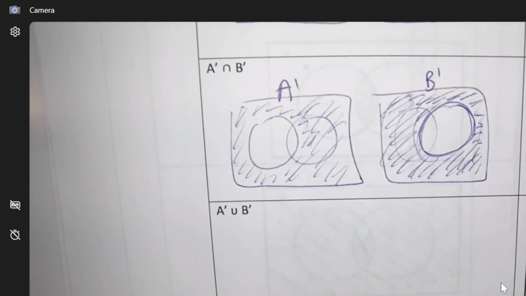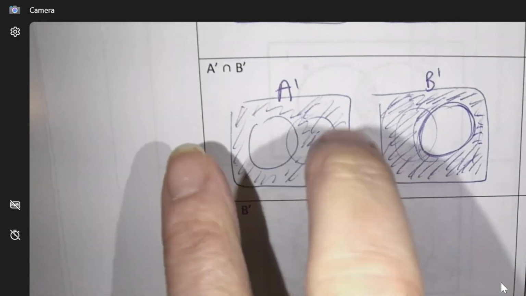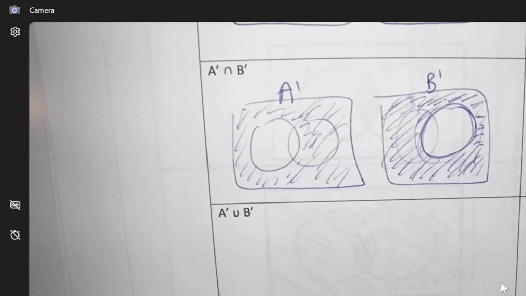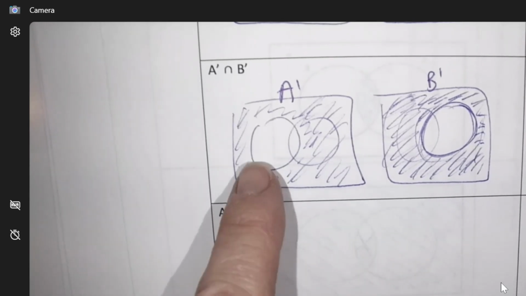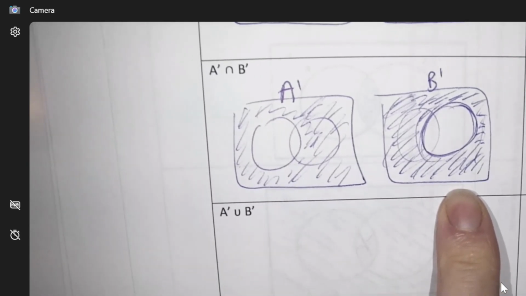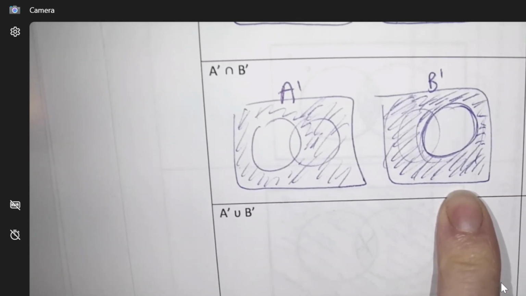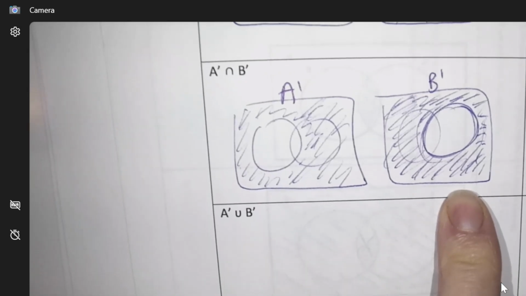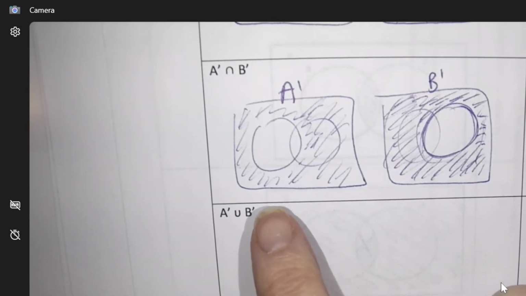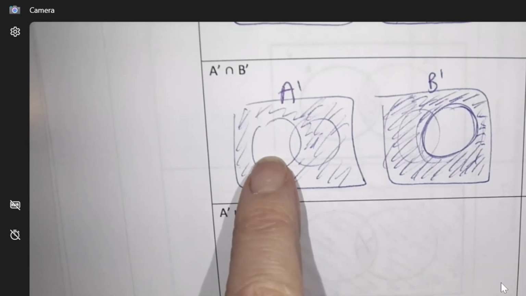Okay, this is an and statement. So now I'm looking at both diagrams and I'm saying which sections got shaded in both diagrams. Where have I shaded both? I think I can say the outsides for sure. They got shaded in both. Is there anything else?